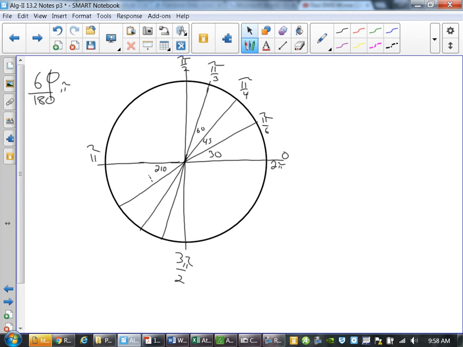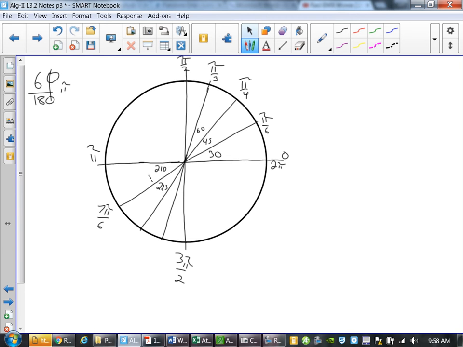And what's 1 pi plus pi over 6? 7 pi over 6. Same deal. 45 degrees more than 180 would be 225. And what's 1 plus a fourth?